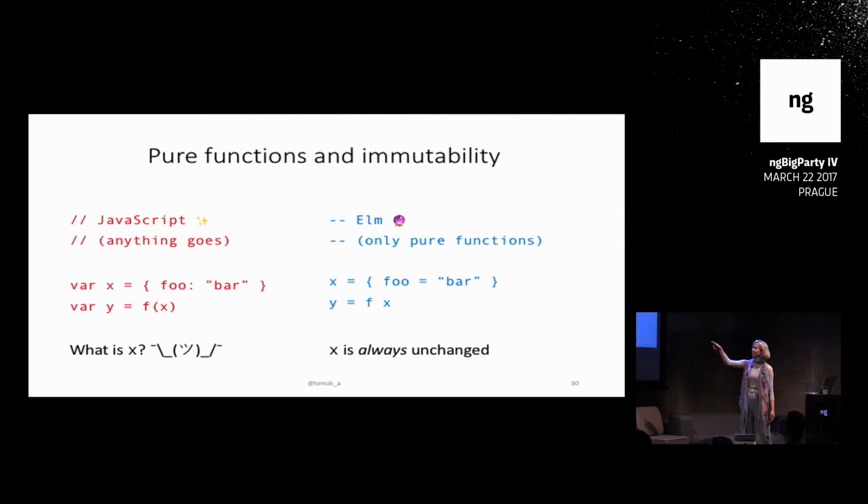Well, that's immutability. In Elm, where you only have pure functions, because a pure function can't change anything outside its scope, you know that X is always unchanged. So it gives a nice readability because you know things don't change out from under you. Imagine if that happened in real life and you had your keys in your hand and all of a sudden they turned into a banana. That's not convenient.